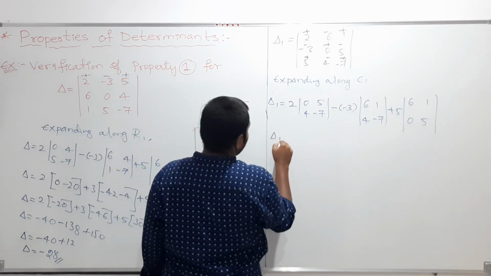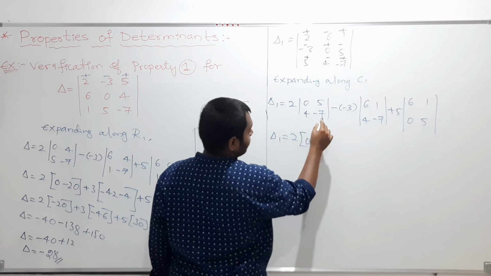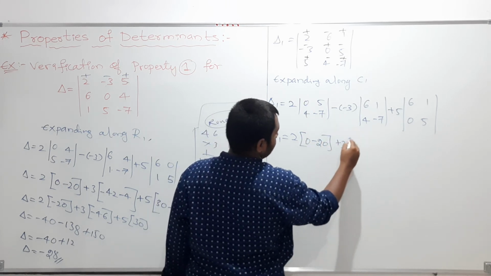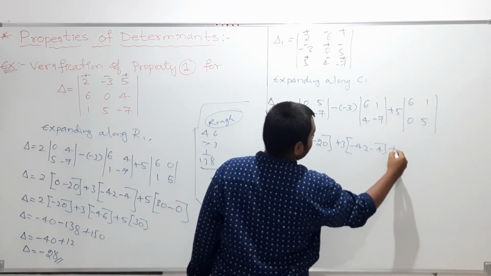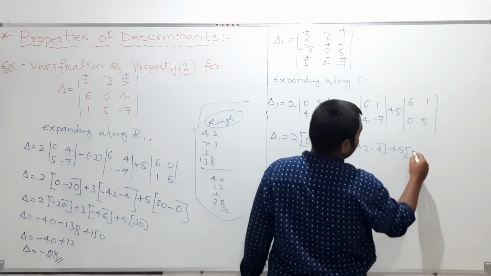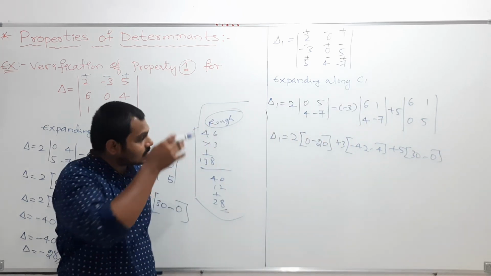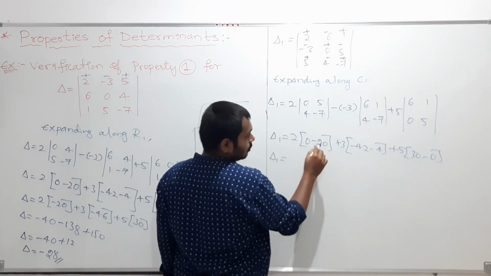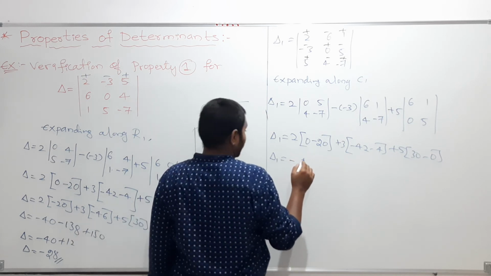So therefore delta 1 is equal to 2 into 0 into minus 7 which is 0, minus 20, minus minus plus 3 into minus 42, minus 4, plus 5 into 30, minus 0. Clear? Further simplifying, my students, delta 1 is equal to 0 minus 20 is minus 20, minus 20 into 2 is minus 40.